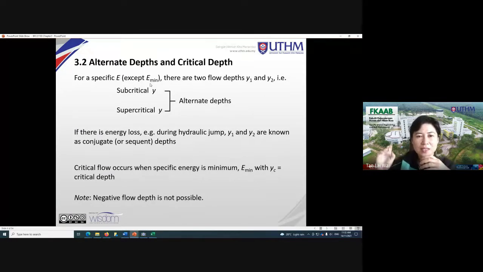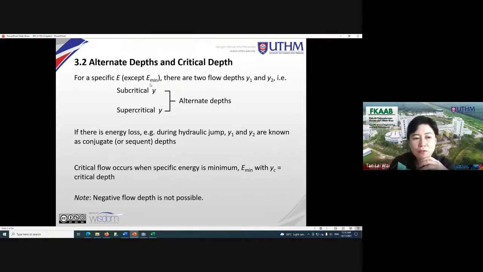This set of depths having one specific energy is known as alternate depths. Sometimes the question would ask you, for a specific energy, find the alternate depths. That means you need to find Y1 and Y2 for a given specific energy.